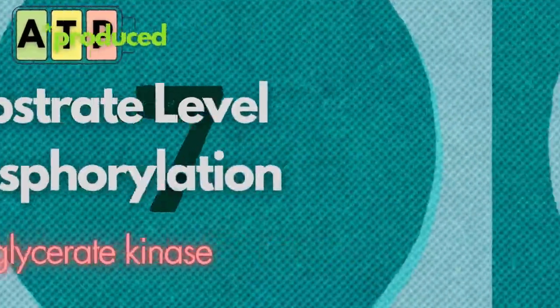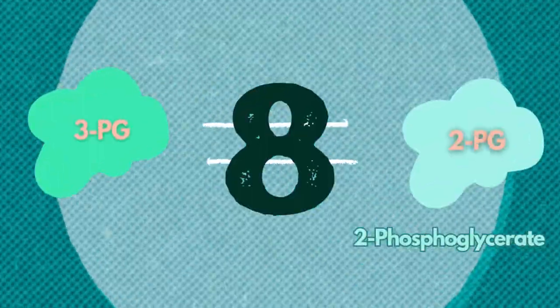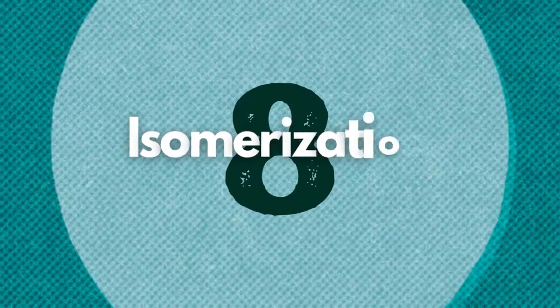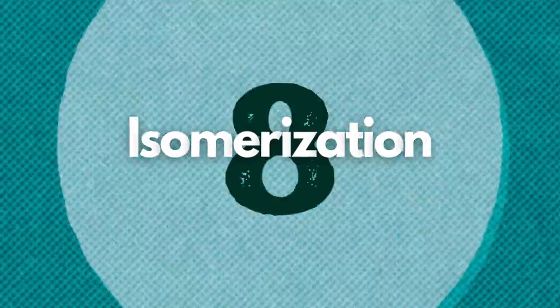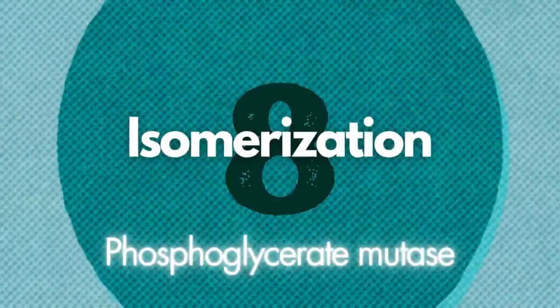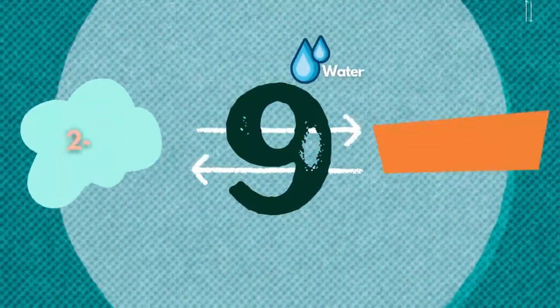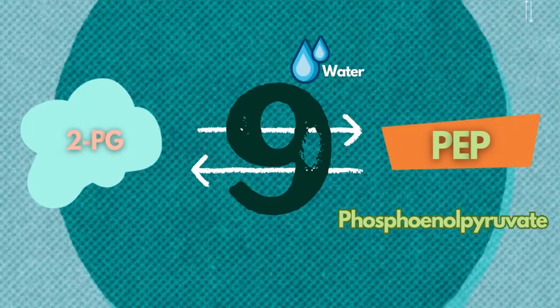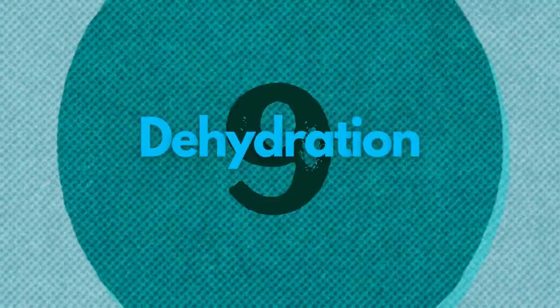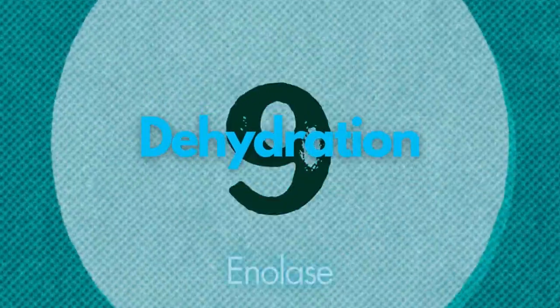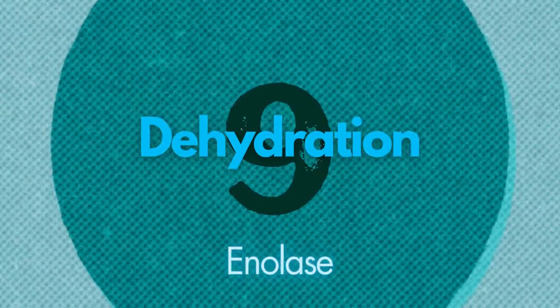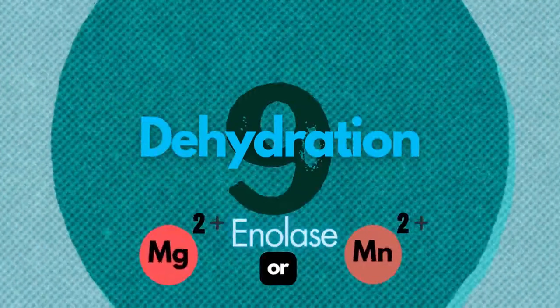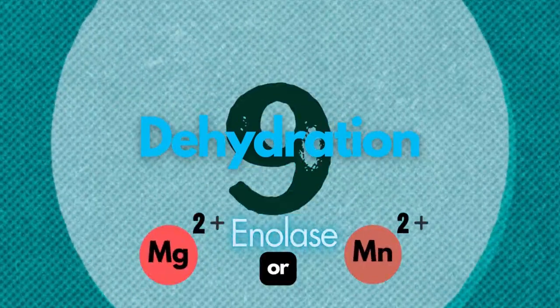After that, in step 8, the 3-phosphoglycerate is converted into 2-phosphoglycerate. This step is known as isomerization, catalyzed by an enzyme called phosphoglycerate mutase. This is step 9, where 2-phosphoglycerate is converted into phosphoenol pyruvate. This step is known as dehydration, characterized by removal of a water molecule and catalyzed by the enolase enzyme assisted with magnesium 2 positive or manganese 2 positive ions.